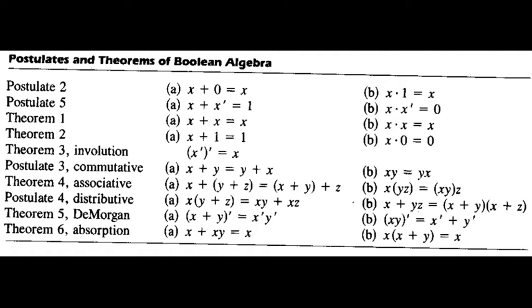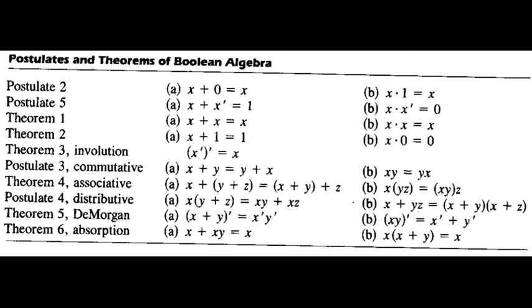But the second counterpart, which is derived from the duality principle, is given by x plus y dot z is equal to bracket x plus y dot another bracket x plus z. So the first one is distribution of dot over plus, which is valid in our ordinary mathematics as well as Boolean algebra.